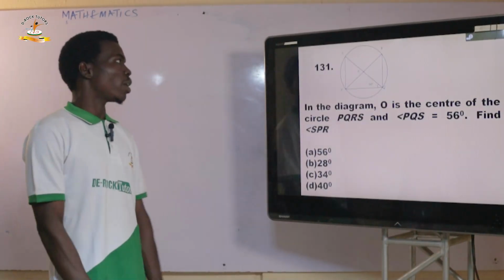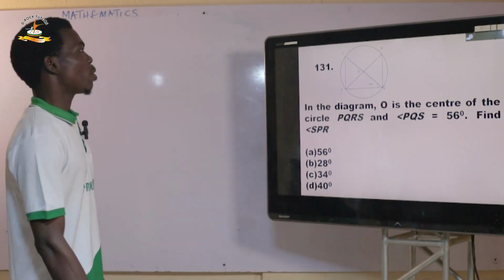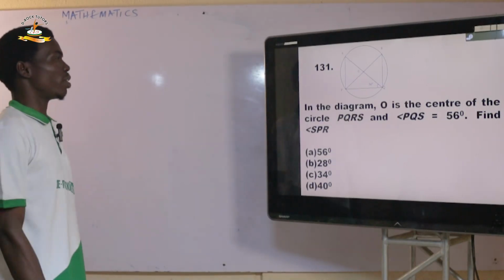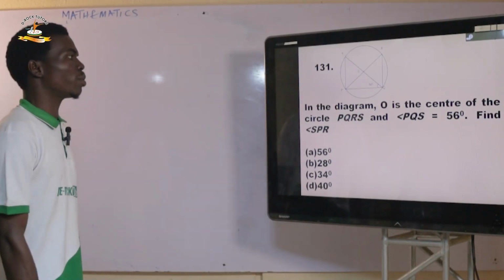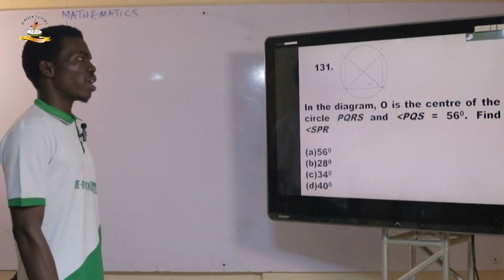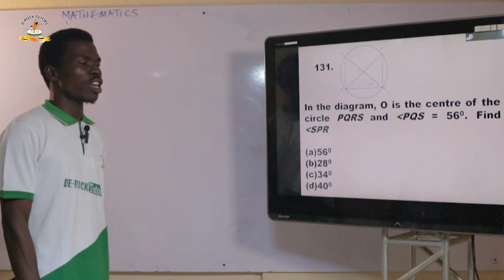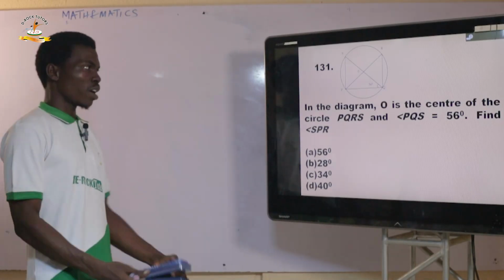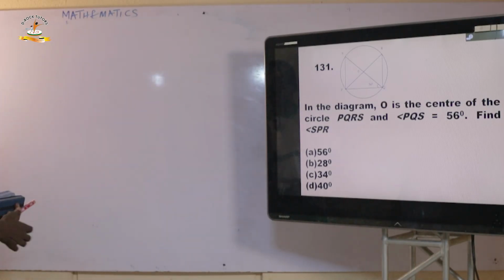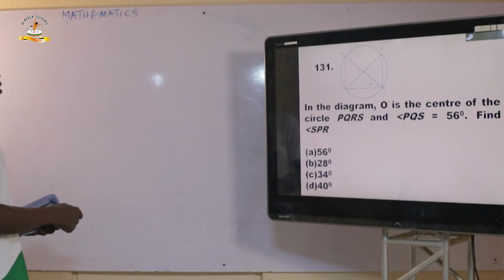Right, so our next question is question 131. It says in the diagram, O is the center of the circle PQRS, and angle PQS is 56 degrees. Find angle SPR. And this is a circle theorem problem. And then let's draw this out.